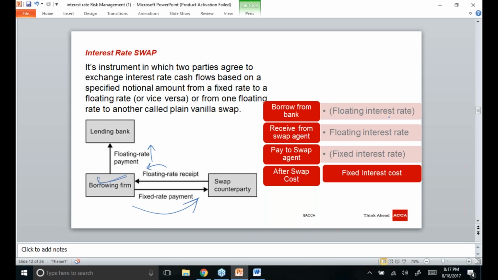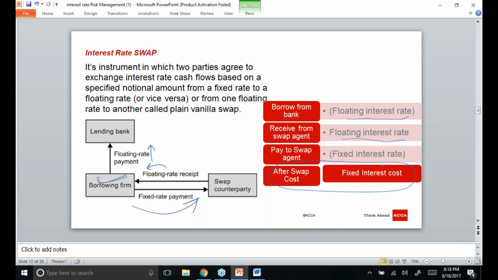Just to cancel out the floating interest rate payment, you will receive the same nature from the swap agent. So this floating rate receipt will cancel out this floating rate payment. So floating will be cancelled out, and you will only be paying fixed interest rate to the counterparty. So your final cost after swap will be the fixed interest rate.